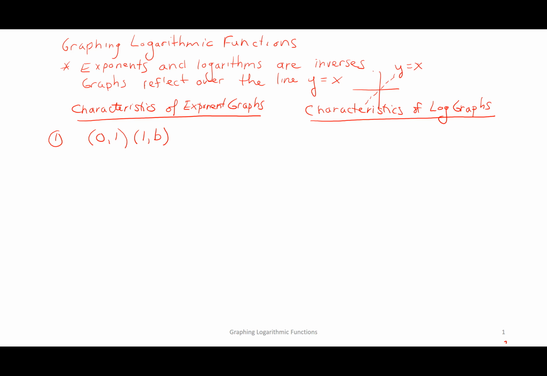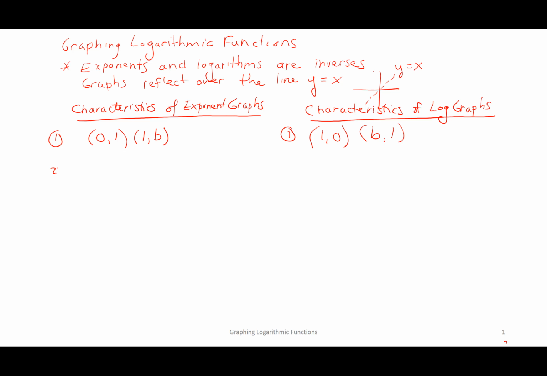I don't know how many of you remember reflections from geometry, but when we do this, what we end up doing is reversing our x and y positions, which means the characteristic of the parent log graphs, instead of 0, 1, it is 1, 0. We are reversing the x and y. This also tells us that instead of 1, b, it is b, 1. And again, b is the base. You remember yesterday we said log base b, so whatever that small subscript number is.